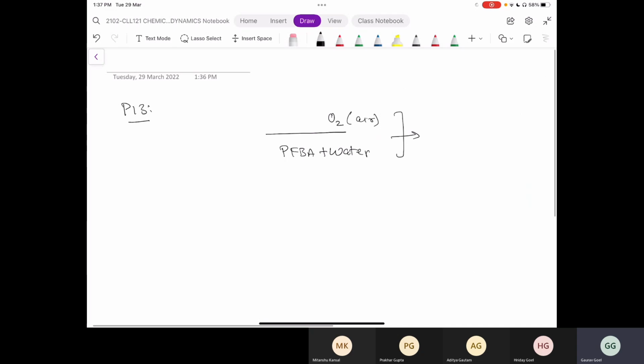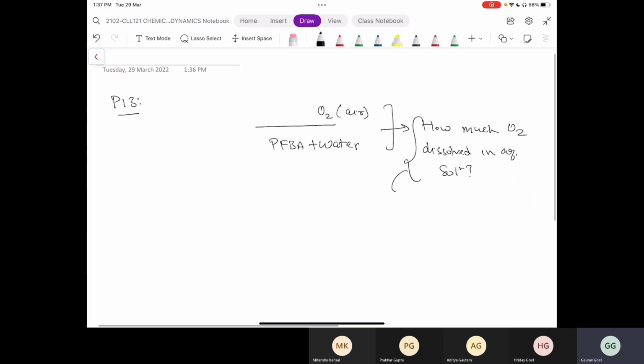And I need to know how much oxygen is able to enter this aqueous solution. Okay, and then we can compare this number against the amount of oxygen that is able to get inside blood samples. Okay, all in vitro experiments.